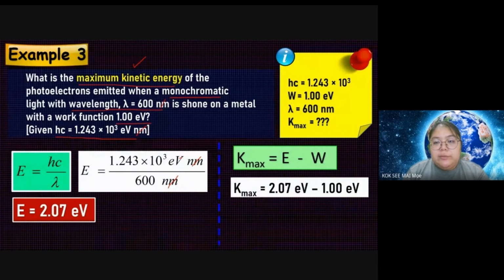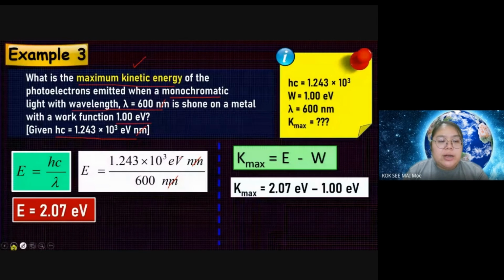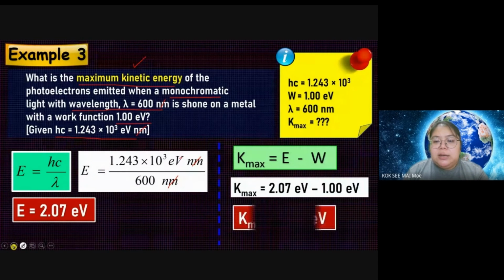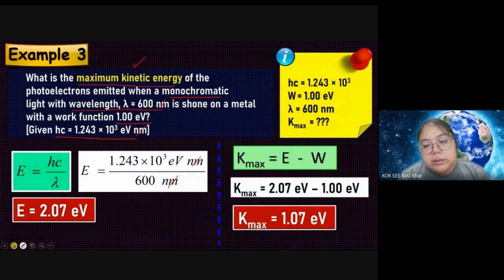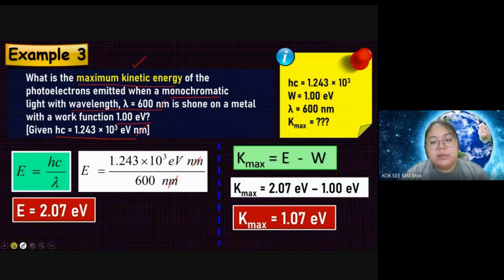The 1 eV is provided from the question as the work function. So your kinetic energy is 1.07 eV. We don't have any unit to change to joule because the question never provided the electron charge. So Kmax we only write 1.07 eV. eV is also one of the units of energy.